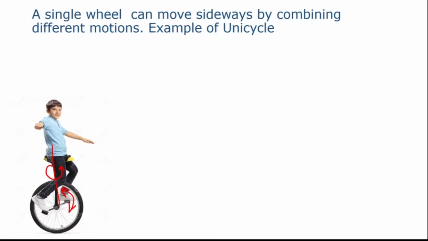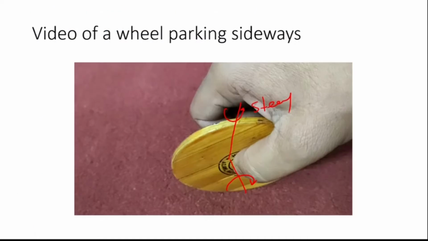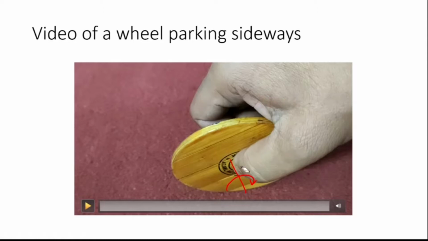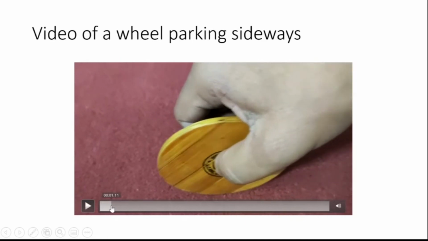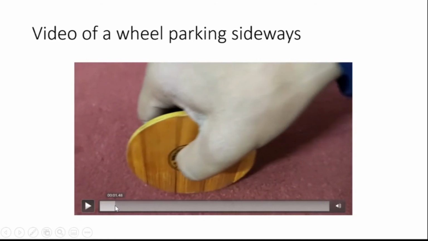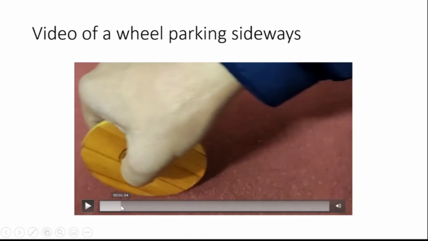Now in such cases, we see that it cannot move sideways. For example, this wheel that I just drew here cannot move sideways because it is subjected to a non-holonomic constraint. But if I want to make it move sideways, there is a sequence of motions I can perform by which it can move sideways.